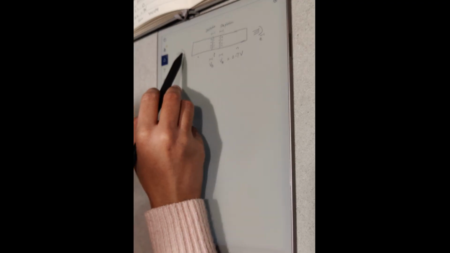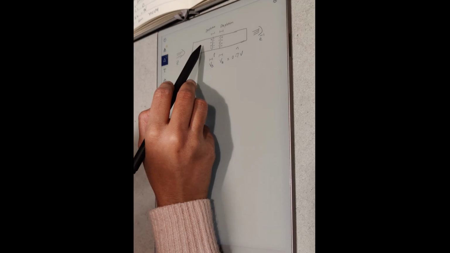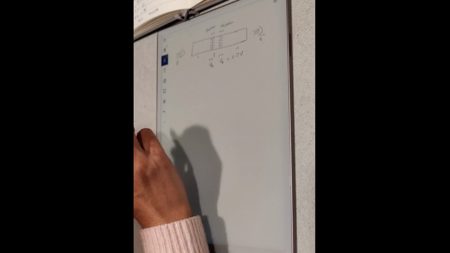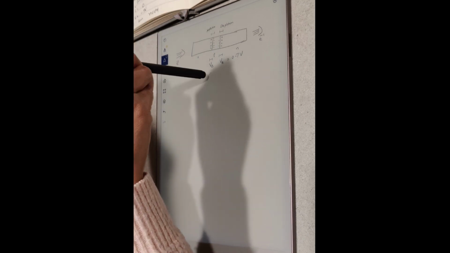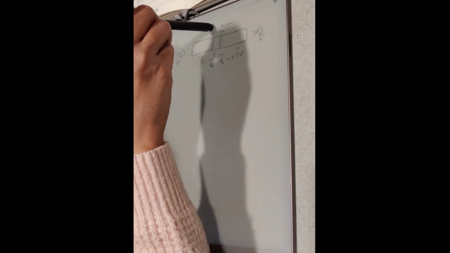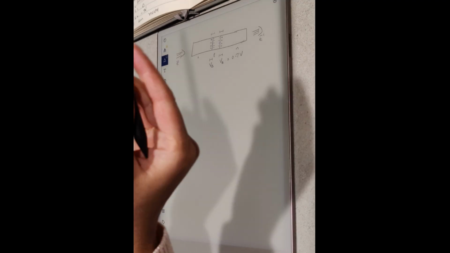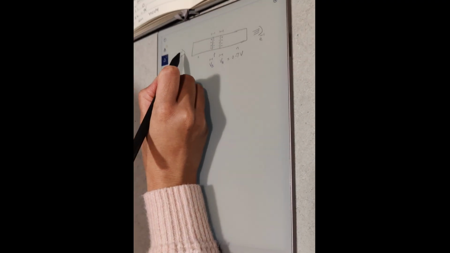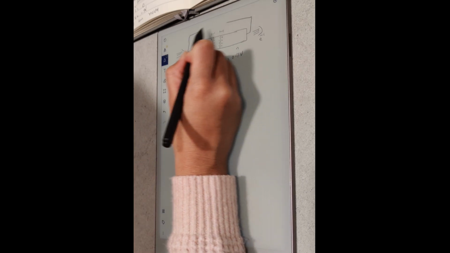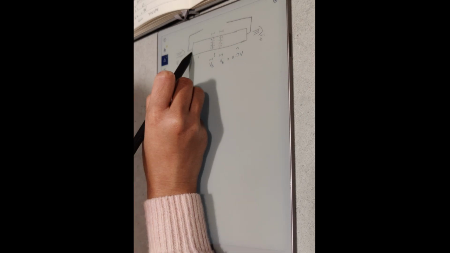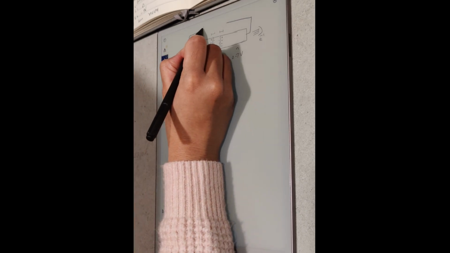So if I want the electrons to go in this direction, obviously, first of all, I need to connect an external battery because I need to be able to overcome this potential barrier. So I'm going to just remove this so that I have enough room. So in order for the electrons to move this way, I need to connect this side to the negative terminal of the battery.